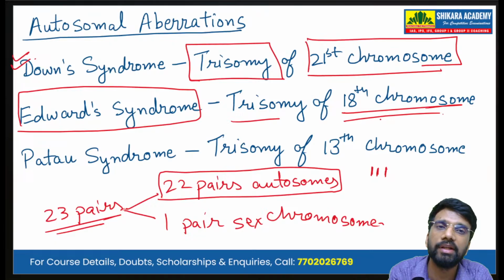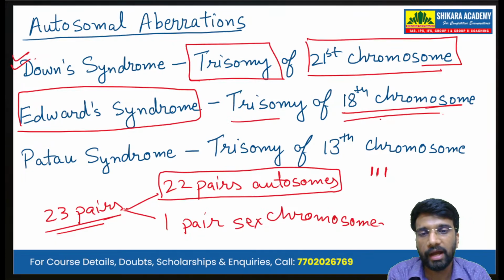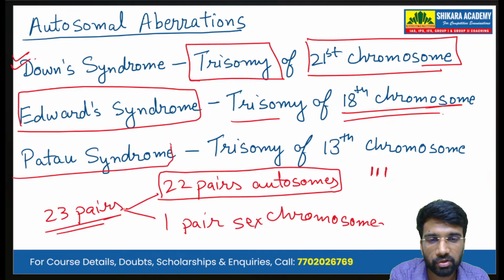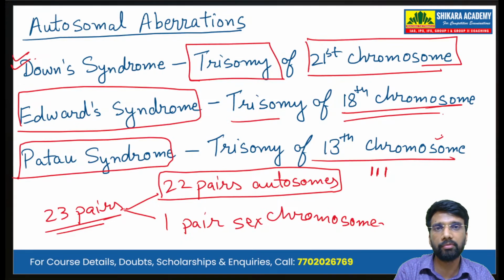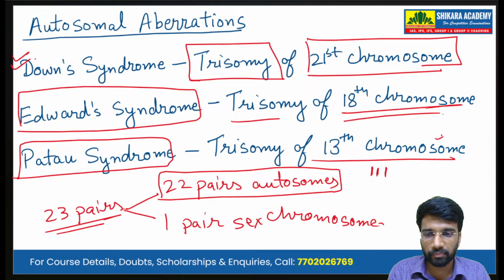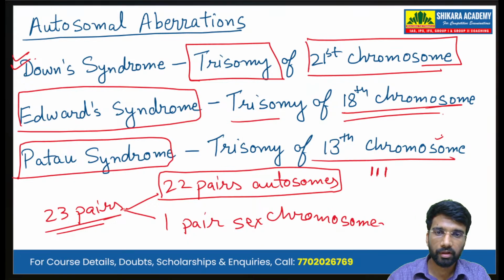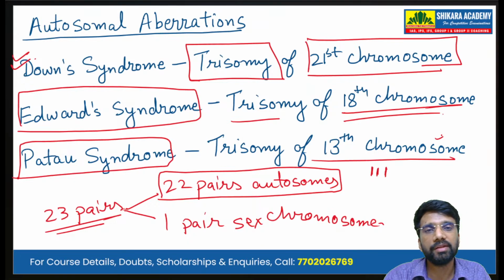And then there is Patau syndrome, which is caused by trisomy of the 13th chromosome, so the 13th chromosome has three copies instead of the normal two copies.